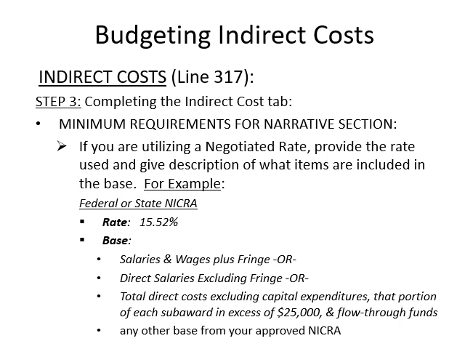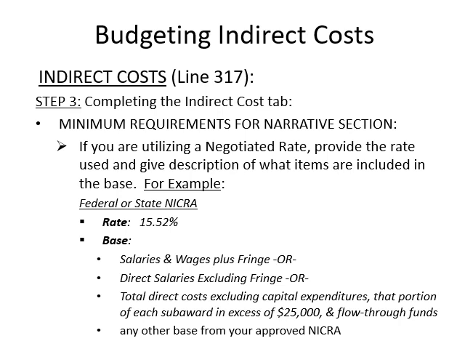Another example might be direct salaries excluding fringe. It may be total direct cost excluding capital expenditures, or that portion of each subaward that is in excess of $25,000 in flow-through funds. These are just some examples that we have seen on actual negotiated cost rates, so we thought we'd provide those examples.